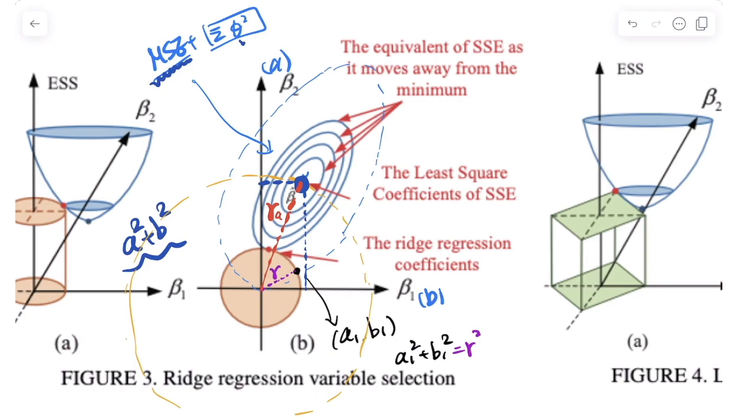And think about another point right here, the green one. It may have a larger MSE value because this point is on that contour line, but the radius is 0 at this green point, so a squared plus b squared equals 0.